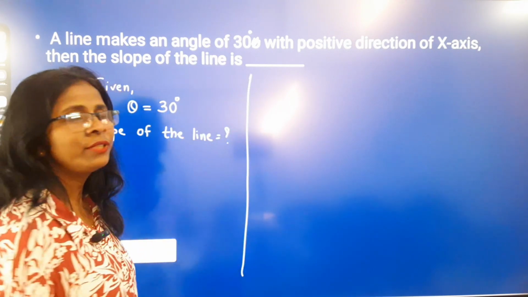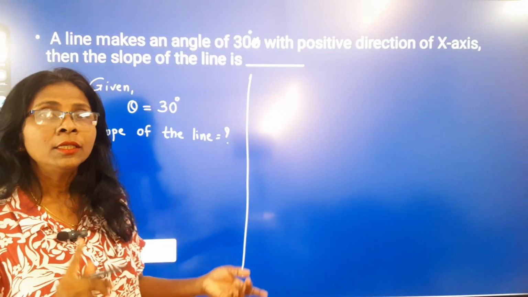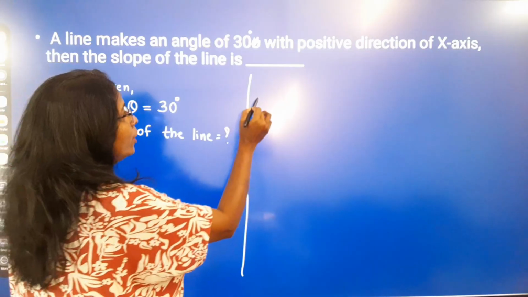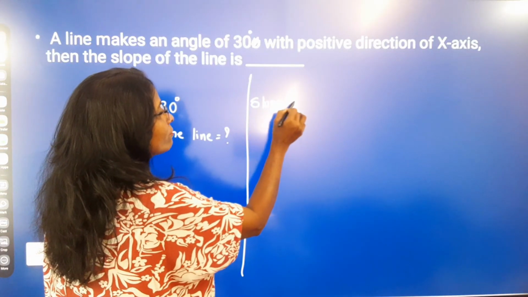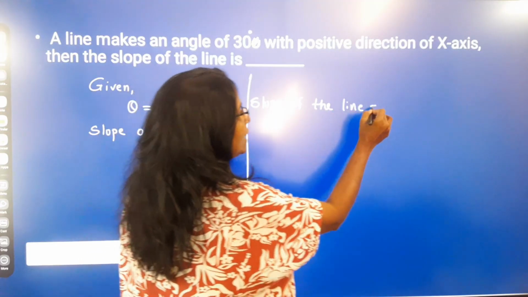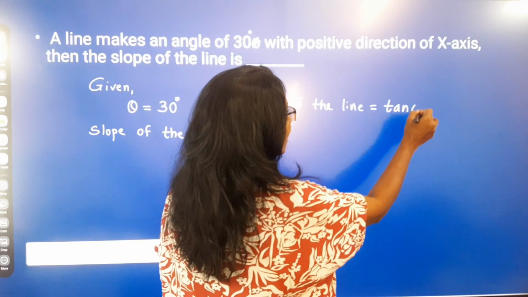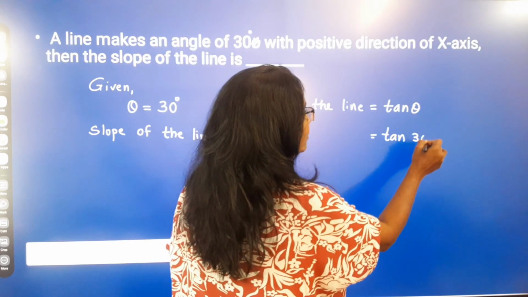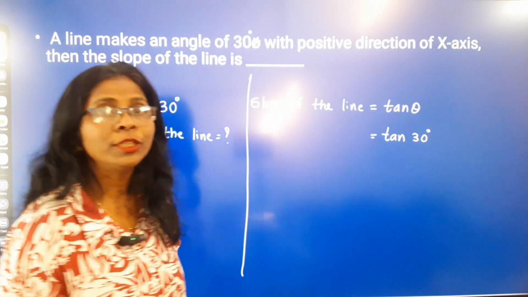So now here if the angle is given, then the formula for the slope of the line is different. That slope of the line is equal to tan theta. So now here students, tan theta is, that is a 30 degree. So tan 30.